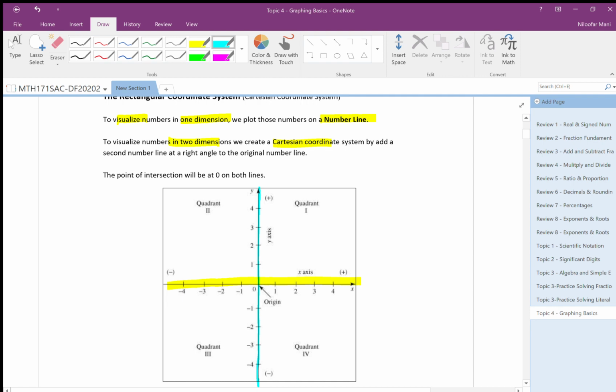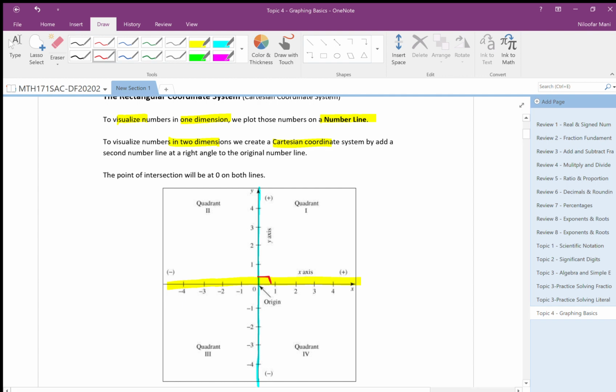One of them is from left to right, and one of them is from top to bottom, or like north to south, for example. The angle between them must be 90 degrees. So we call this perpendicular. These 2 lines are perpendicular to each other.